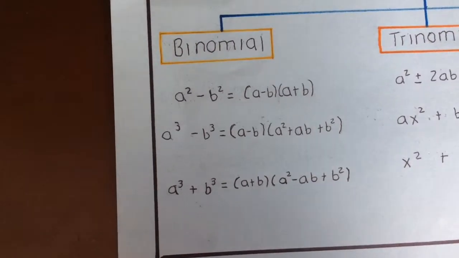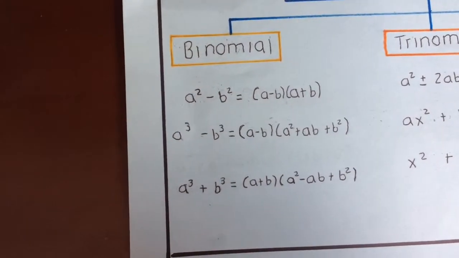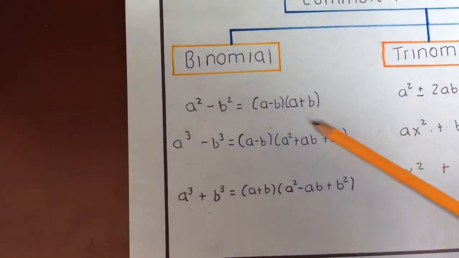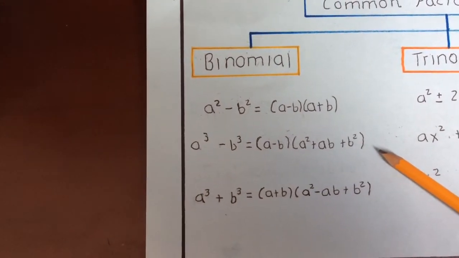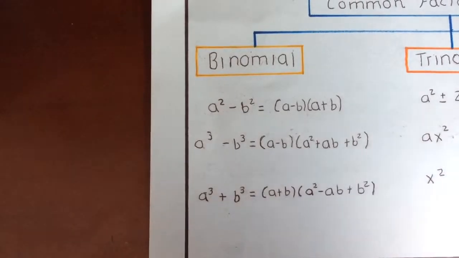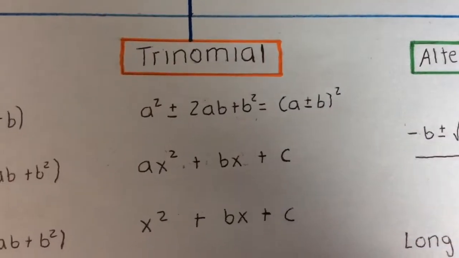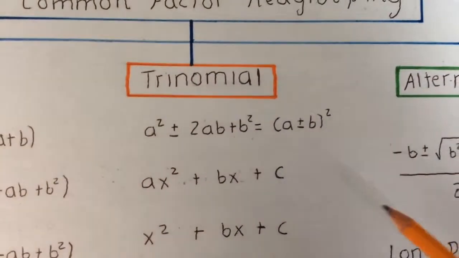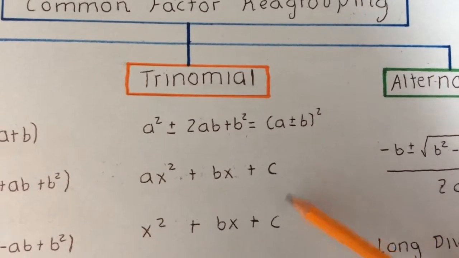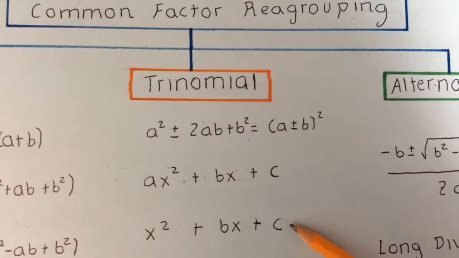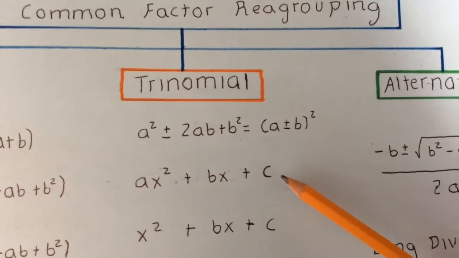If the polynomial has 2 terms, we need to check if it corresponds to difference of squares, difference of cubes, or sum of cubes. If it's a trinomial, we need to see if it's a perfect square, if it uses sum and product, or if it includes the Vieta method.